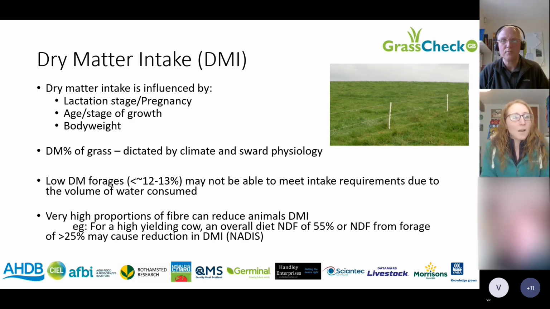As John said already, the dry matter percentage of grass is dictated by the climate conditions at the time of grazing and by the sward's physiology in terms of maturity and those kind of factors. So we certainly can't control the climate. We can influence some of those sward physical characteristics with management.